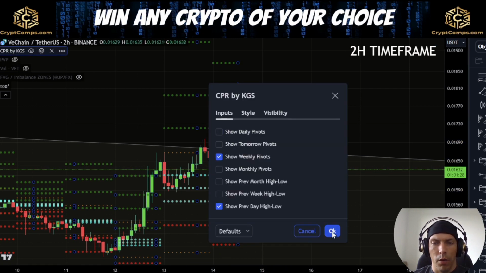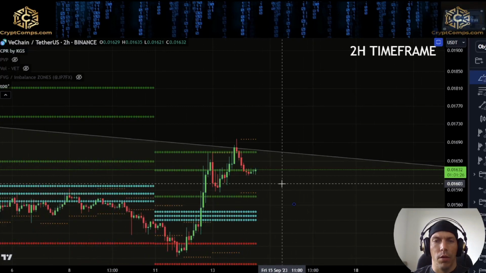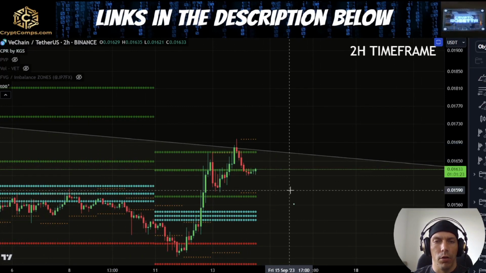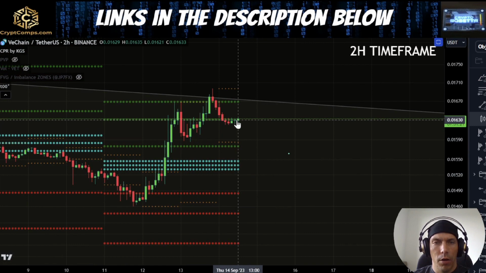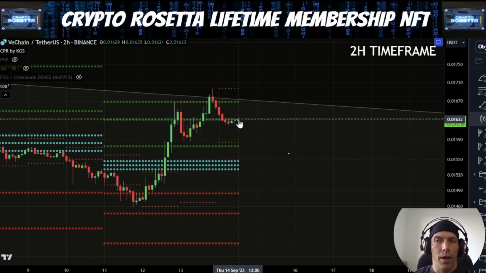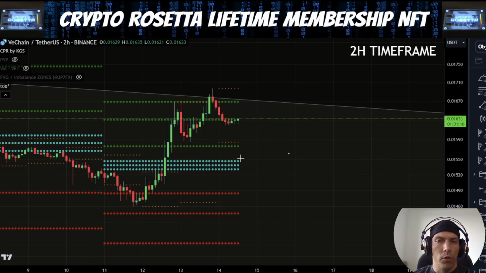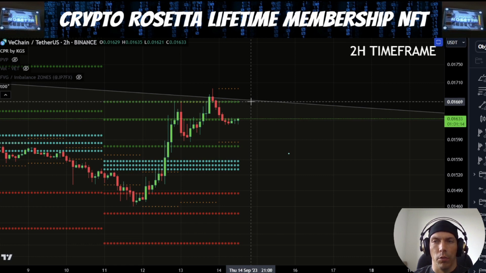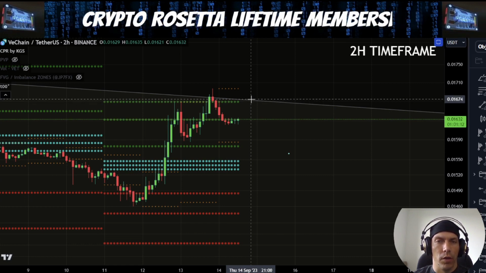Now, having a look at the weekly pivots, we can see that we've actually met all of our weekly targets so far. We are currently sitting on our R2 line here at 1632. If we move back up, we could potentially find resistance at the 1669 level.